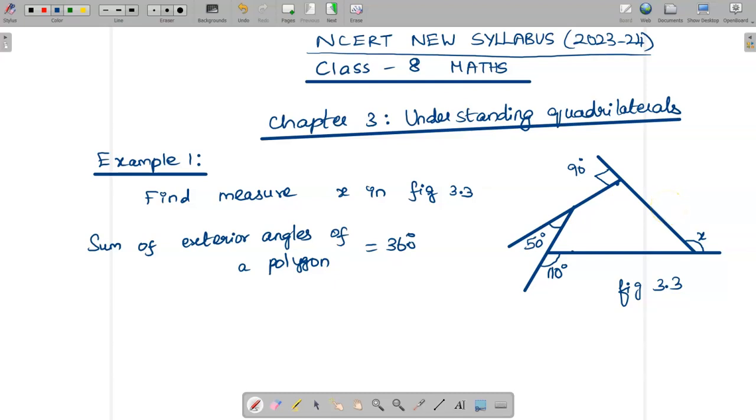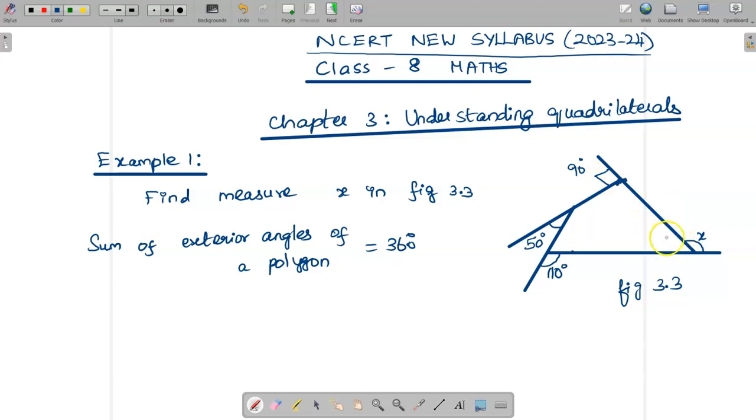So first of all, what is an exterior angle? Whenever an angle is formed between a polygon and the extended line from the vertex of the polygon, it is called an exterior angle.